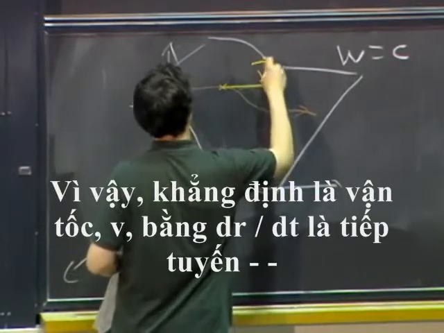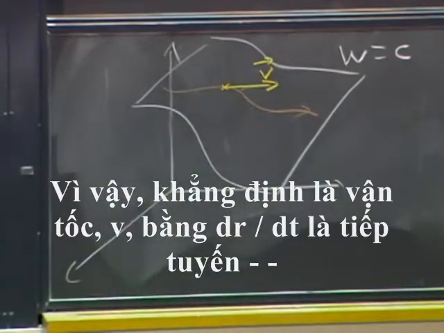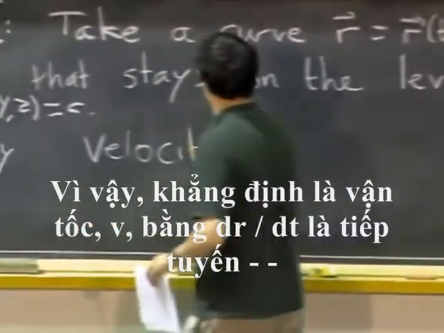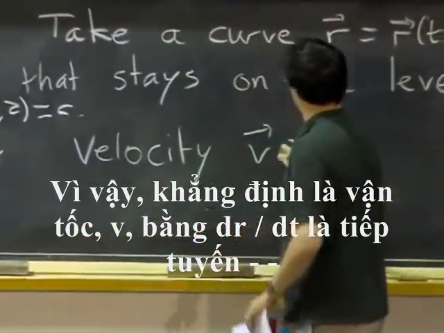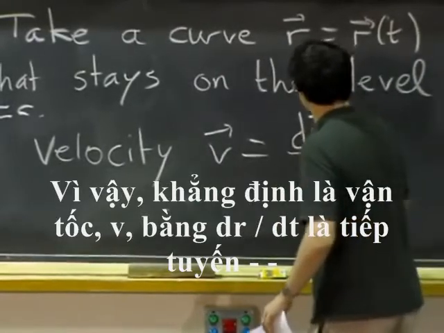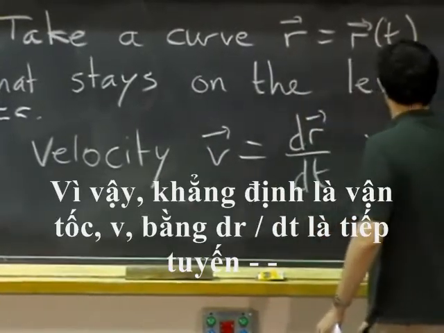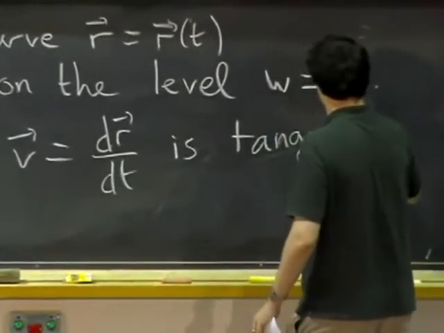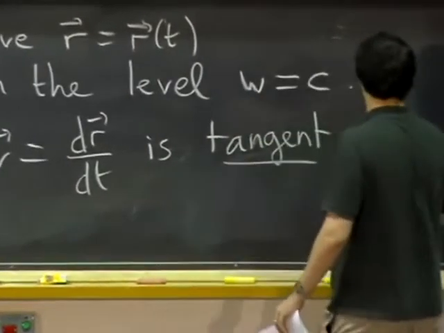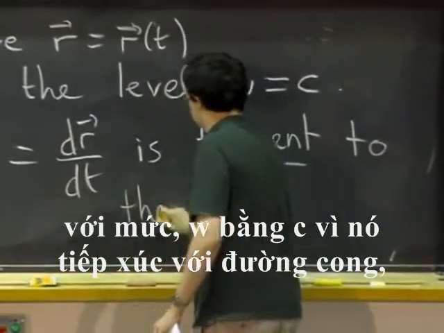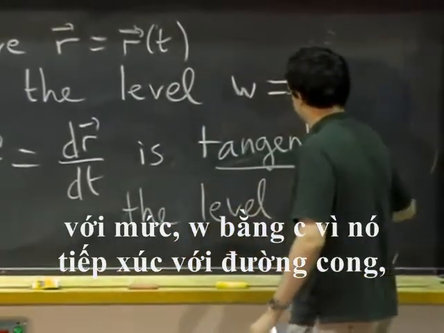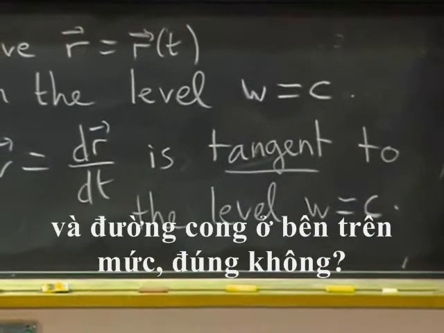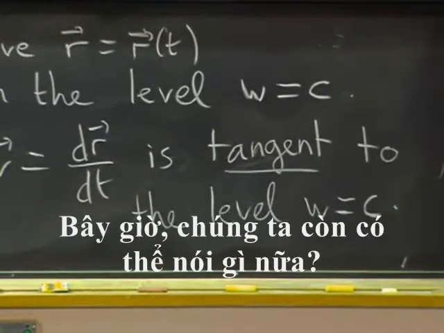So the claim is that the velocity v equals dr dt is tangent to the level W equals C, because it's tangent to the curve and the curve is inside the level. Okay? Now, what else can we say?